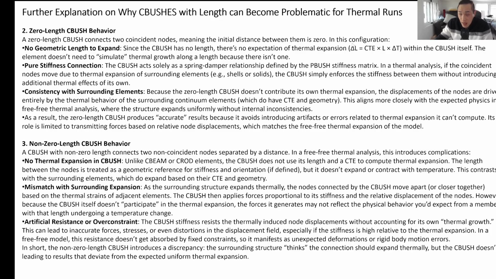So your delta L, which is the change in length of your element, is going to equal the CTE times L times delta T. Now, if your CBUSH has zero length, which CBUSHes are essentially a zero dimensional element, the delta L that's being calculated will basically be zero, right? So the element doesn't need to simulate thermal growth along the length because there isn't one.